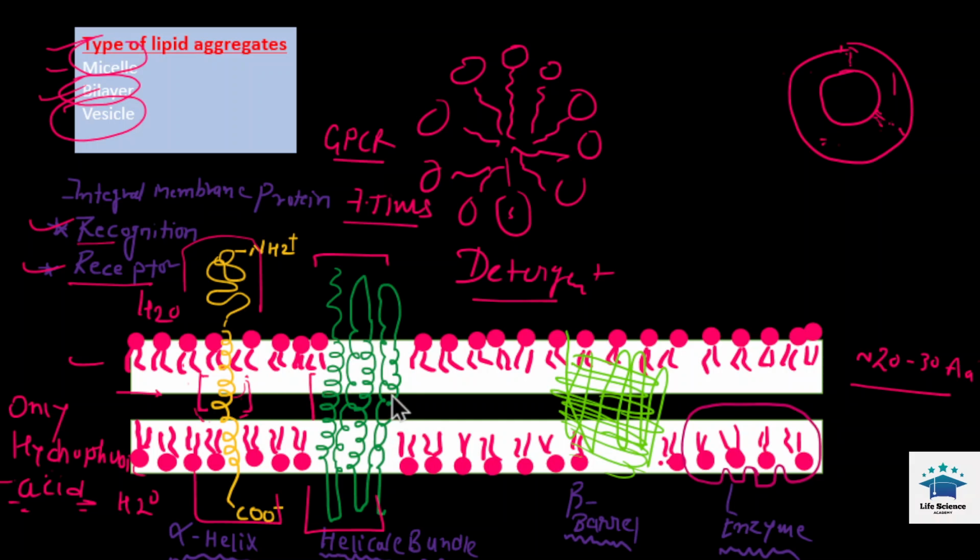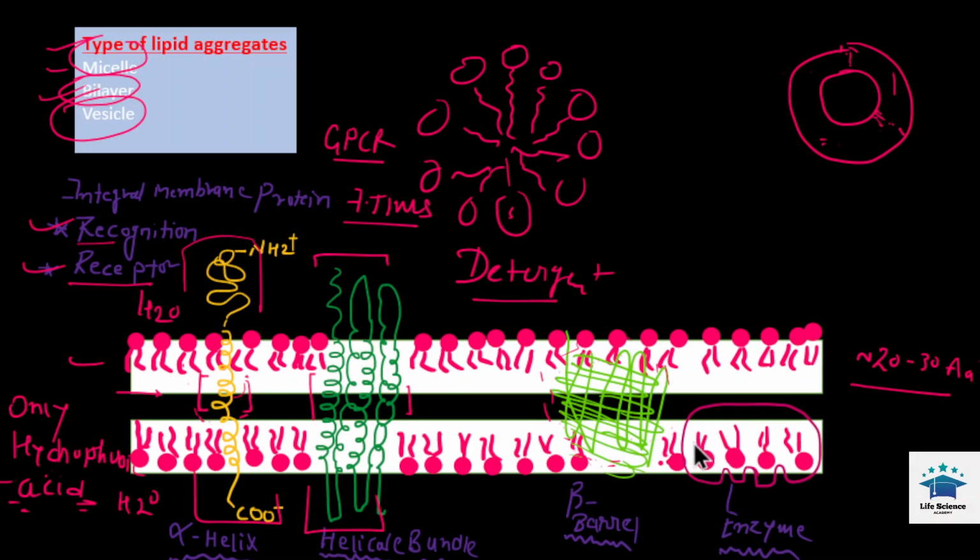So this applies to all those transmembrane proteins, and this is the beta barrel. In the beta barrel, there will be the presence of beta sheets, not the alpha helix. Mostly transmembrane proteins are alpha helical, but some have exceptions like beta barrels.